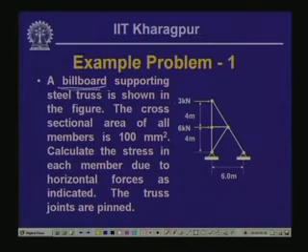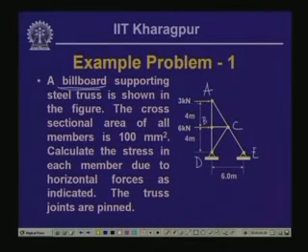There are two trusses, and let us call this point A, this point B, this C, this D, and this E. Now we are interested to know the stress in each member when this board is subjected to a load on its area, and the load has been converted here.